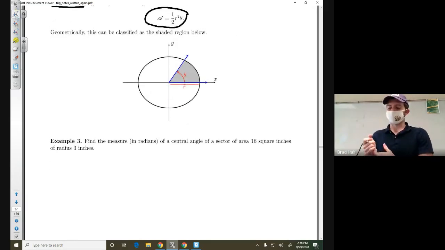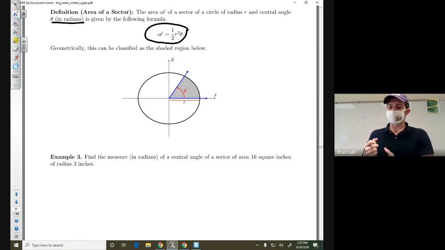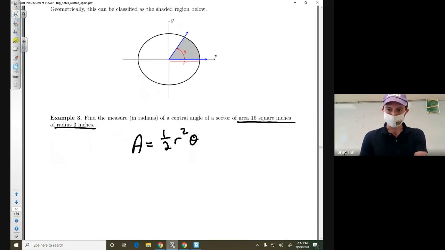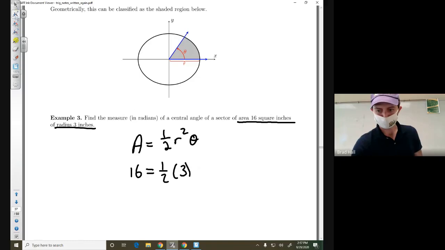And so that brings us to example 3, which says find the measure of a central angle. Well, really just the interior angle, in other words. They tell us the area and they tell us the radius. So really, we are taking the formula from above. They tell us the area already. They tell us the radius. We're going to find the angle, theta.